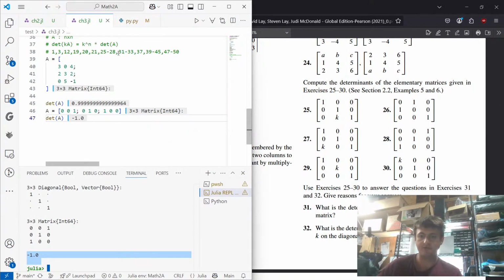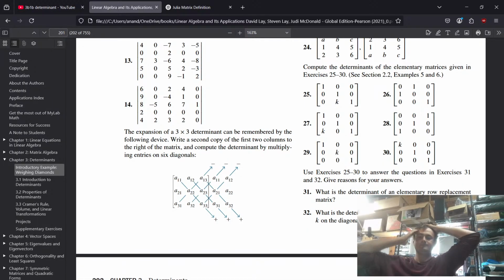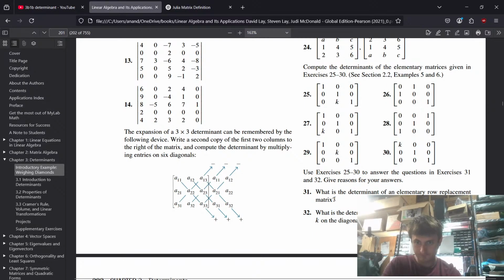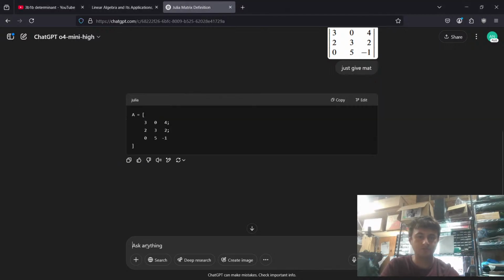Let's see what other problems we want to do. 31 through 33. Oh, these were good. I remember that. What is the determinant of an elementary row replacement matrix? Because I don't even know what that means. So let's just do some.